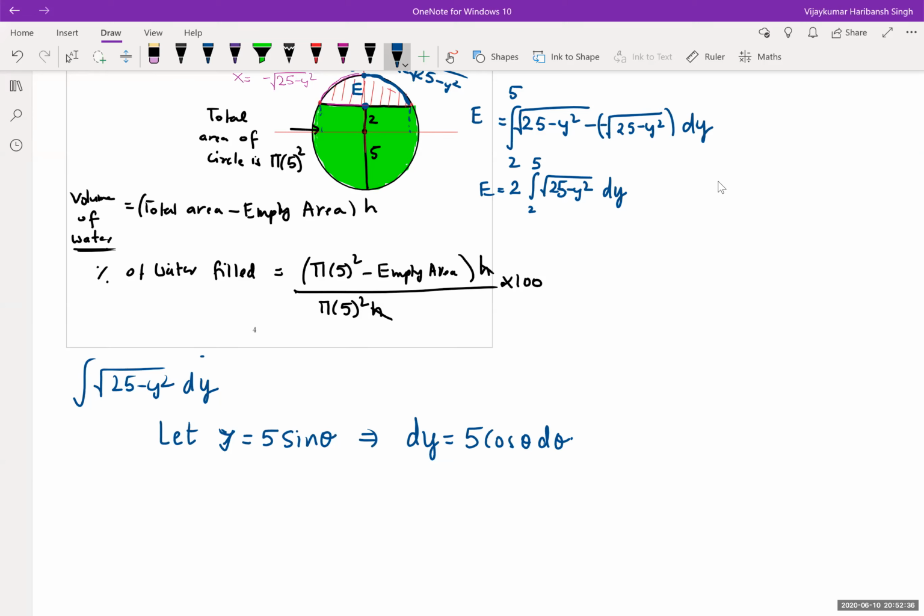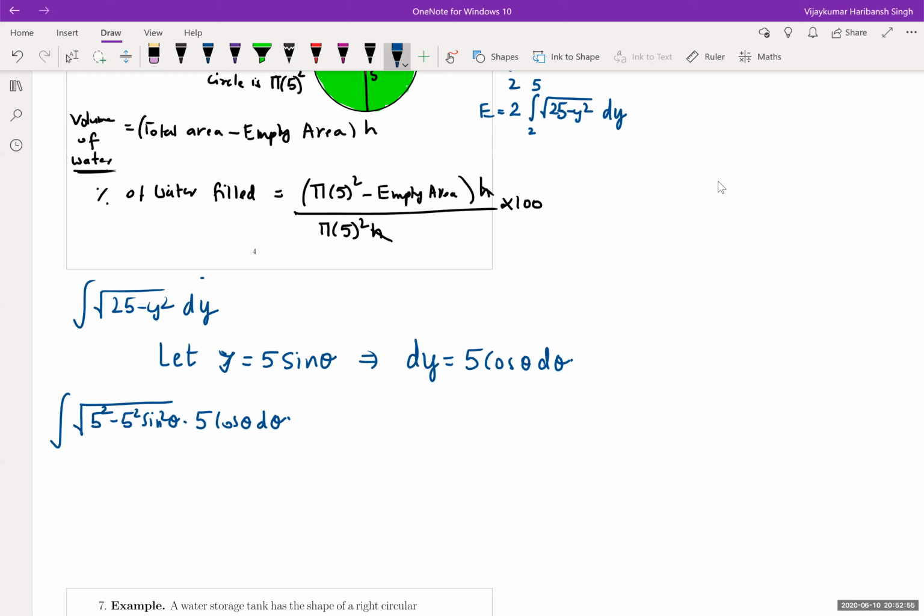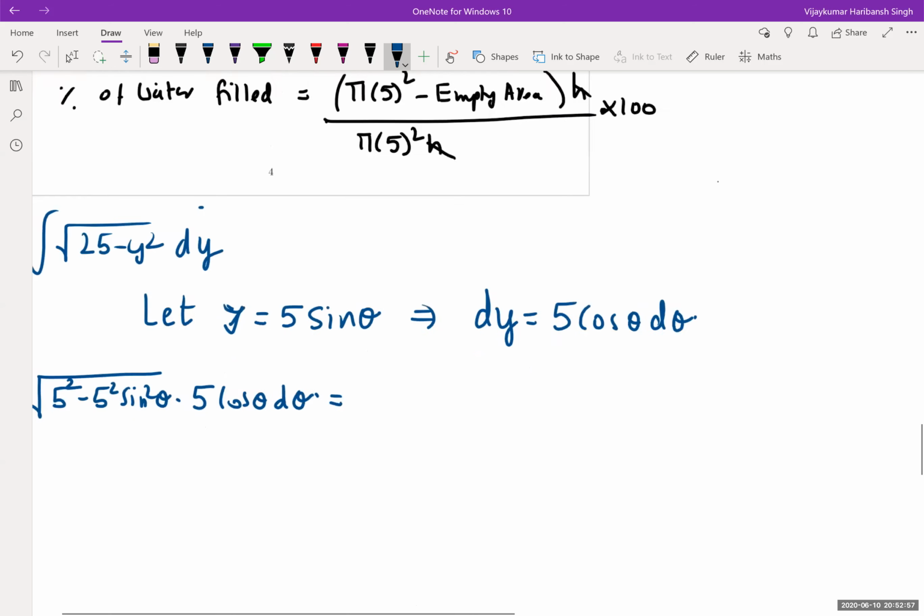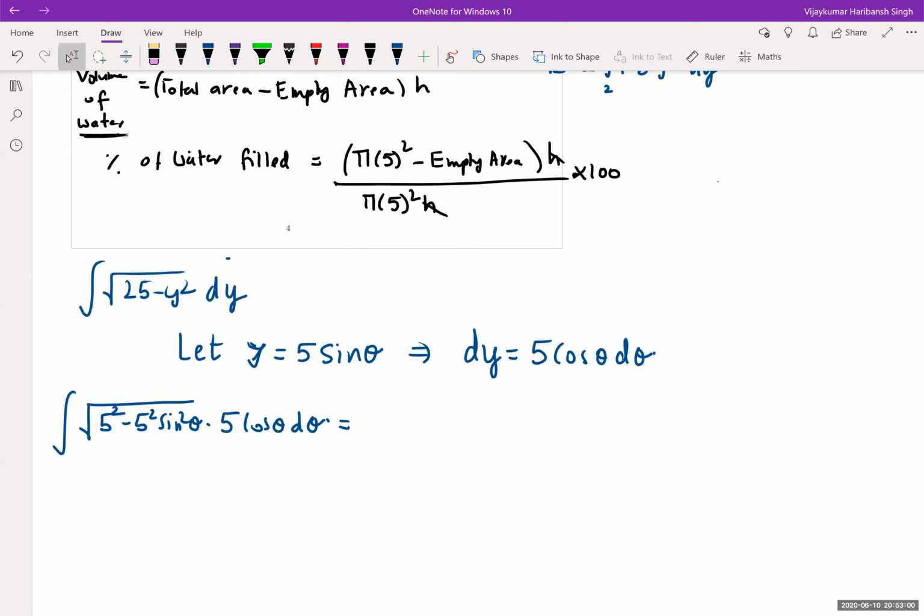So what do we get? This integral becomes the integral of 5 times the square root of 5 squared minus 5 squared sine squared theta, times 5 cos theta d theta. So 5 times 5, which is 25, will come out.